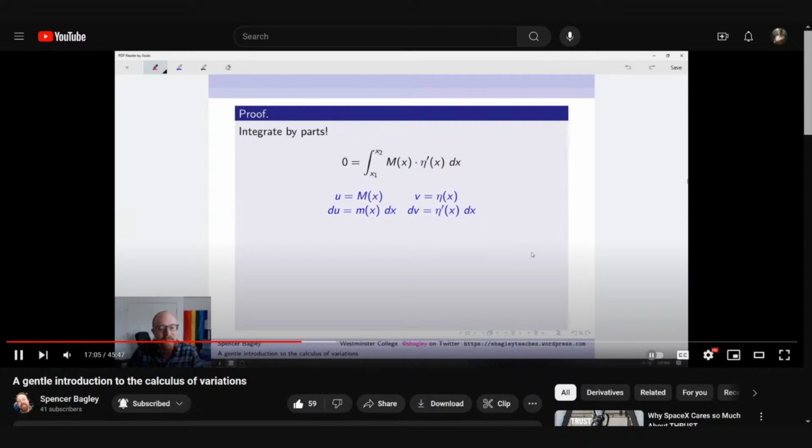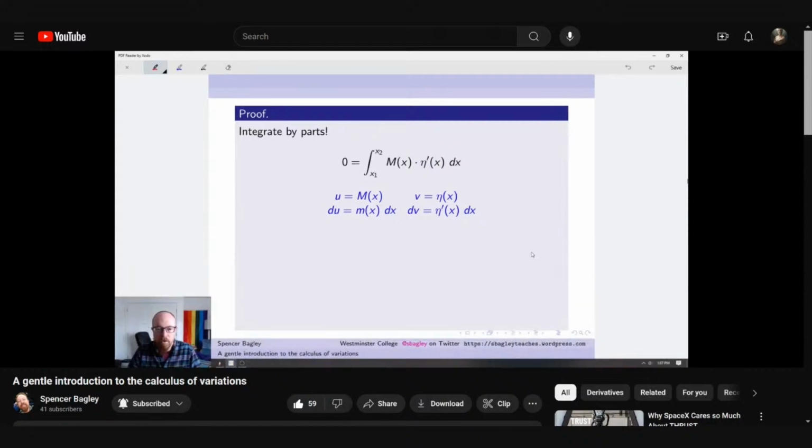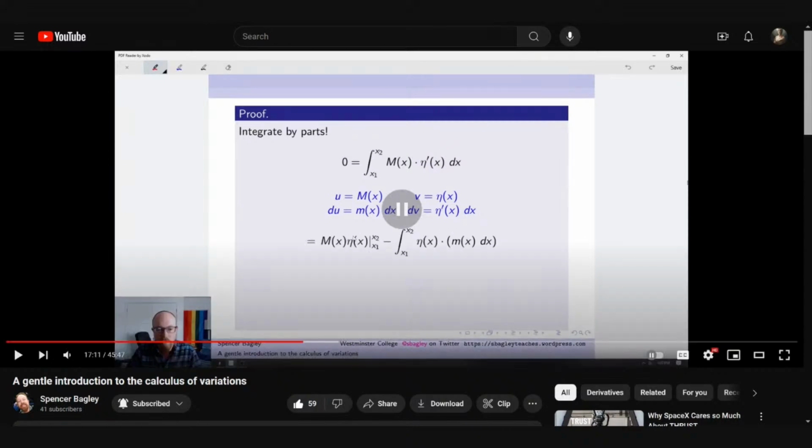Okay, and then if I throw this into my integration by parts formula, here's what I get. I don't remember integration by parts. M times eta. Okay, m times eta. This is m times eta minus the integral of eta times m.